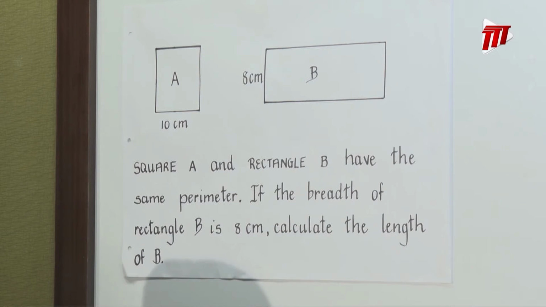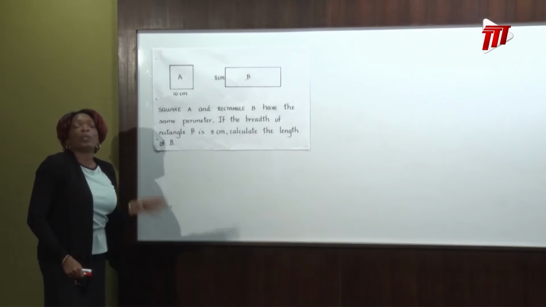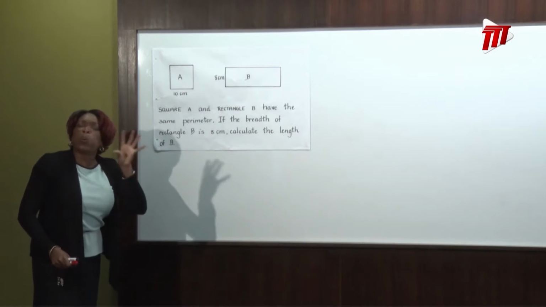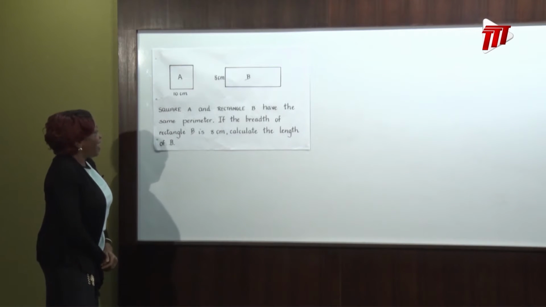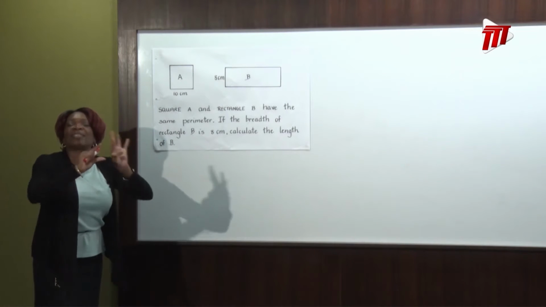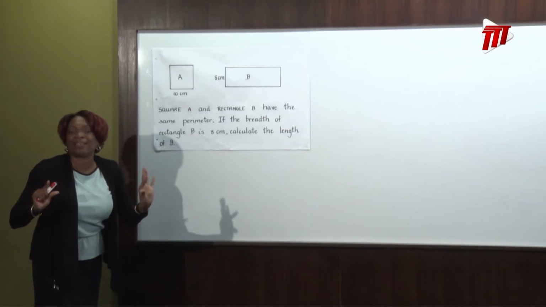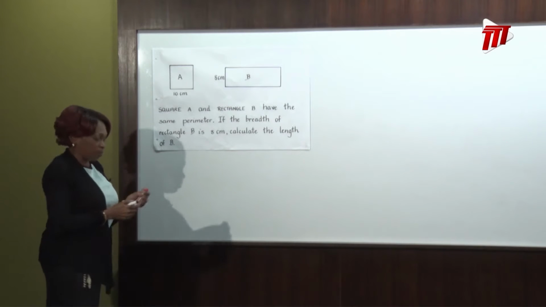What are we going to do? We are going to start with what we know. What information is given to us? That square A and rectangle B have the same perimeter. That is important, so let's write that down.